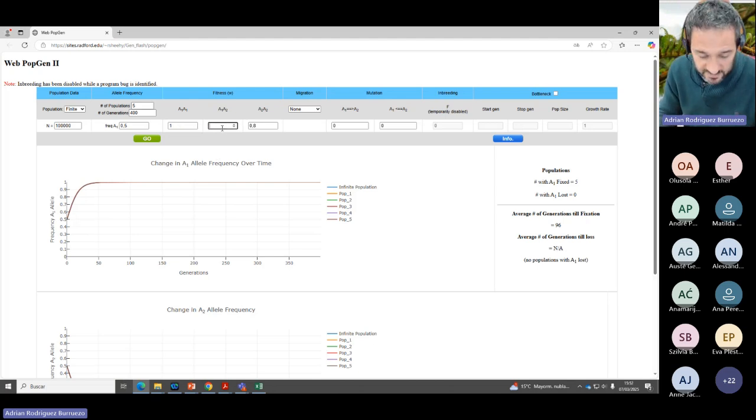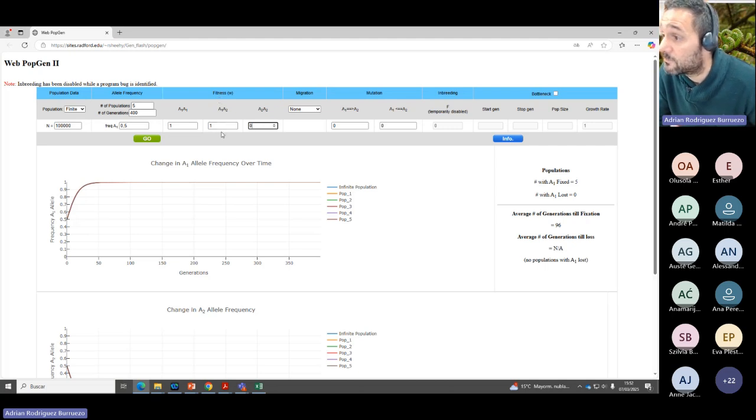Imagine also that we are breeders now, not natural selection. Now we are breeders, and we can identify A2 phenotypes because they are homozygous and they are recessive. That means that the breeder can discriminate A2 individuals because they are obvious to see, and then they are not left to reproduce.